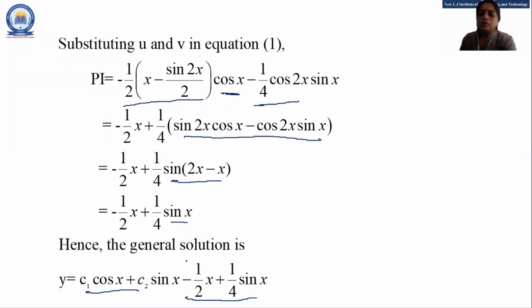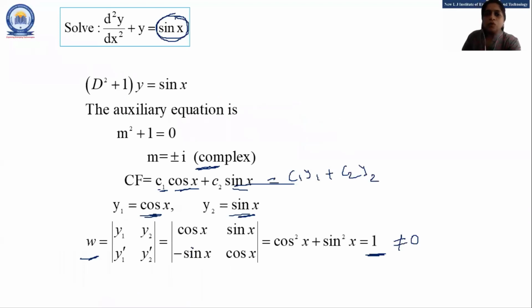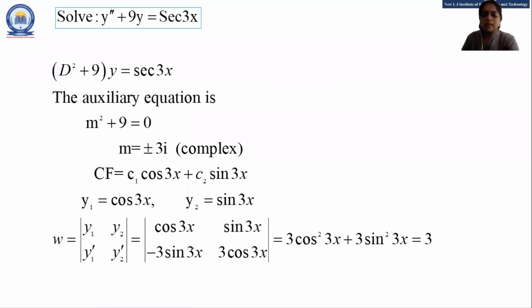So students, this method is known as the variation of parameter method. This example you may do with the shortcut method also. But see the next example. Here, your right hand side is sec 3x. If you are asked to solve this differential equation, here you cannot apply the shortcut method.